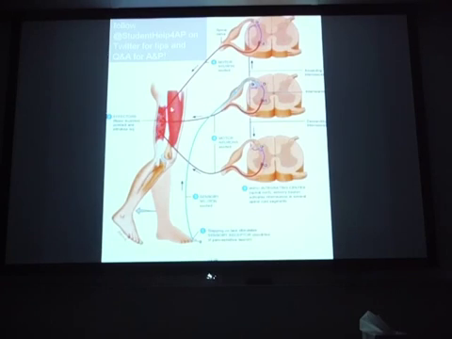Another thing that you're going to notice is that different parts of the hamstring muscles are innervated by different levels of the spinal cord. So different nerves are innervating the hamstring muscle group that can be traced back to different spinal nerves.